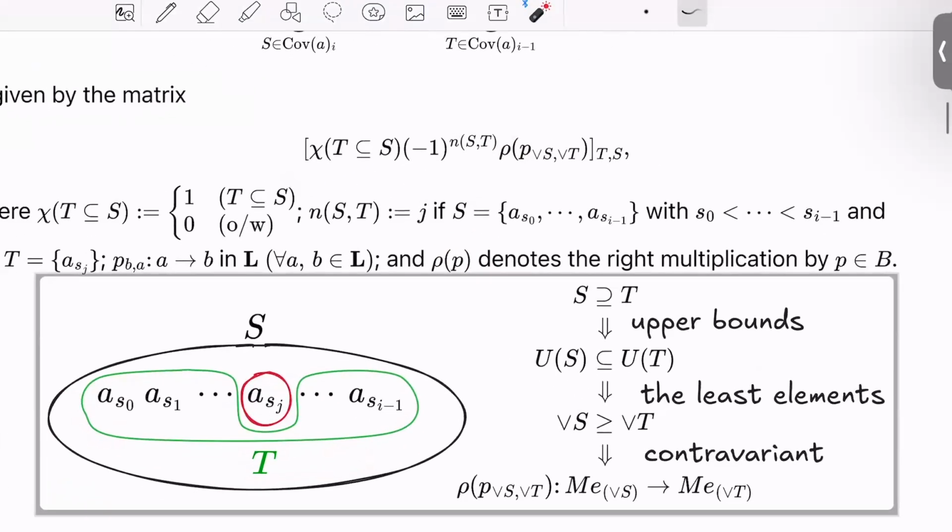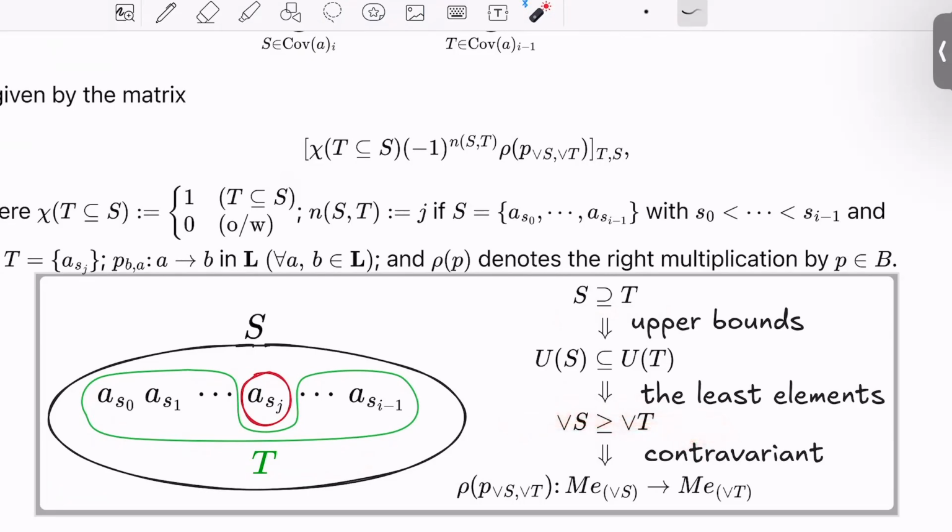Because S includes T, the upper bounds have the converse relation: the upper bounds of S are included in the upper bounds of T. Then taking least elements, conversely again, the join of S is bigger than or equal to the join of T. Because we are dealing with a covariant functor, namely a right module, this goes to this, but the converse means like this.